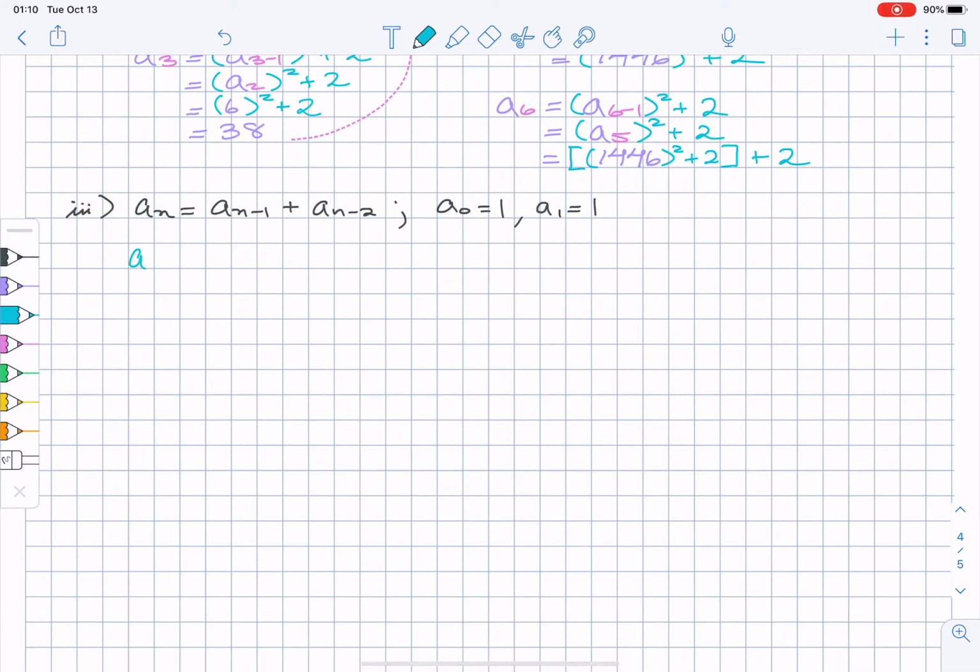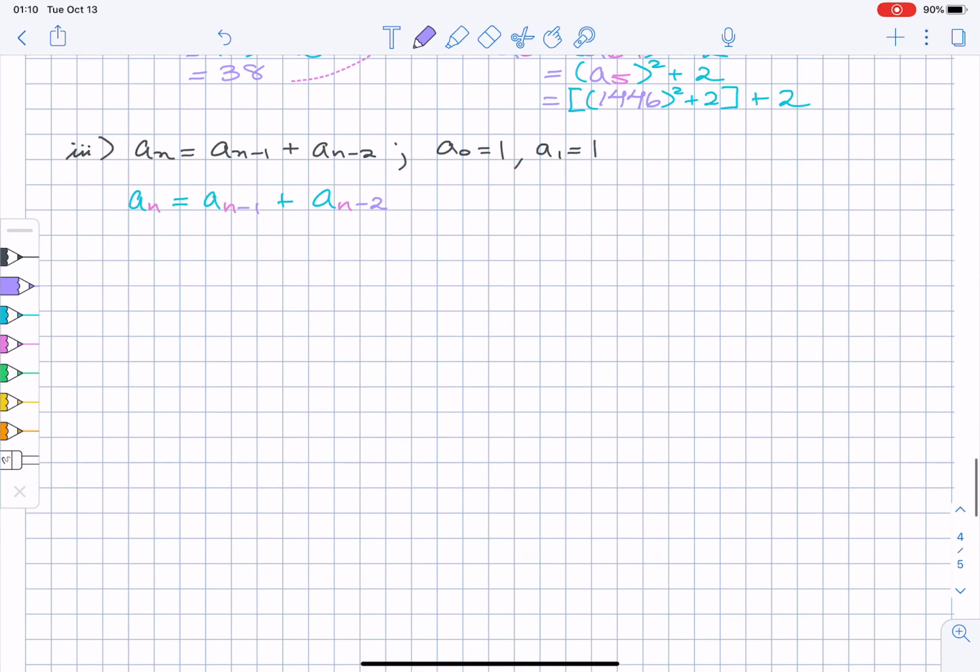So a sub n is going to be equal to a sub n minus 1 plus a sub n minus 2. So I need the two previous terms. Well, I'm given that a sub 0 is 1. I'm given that a sub 1 is also 1.